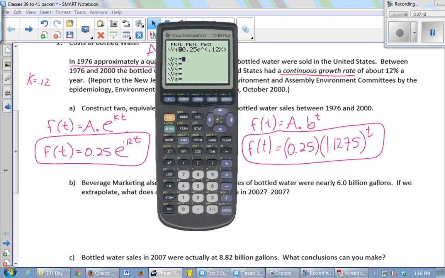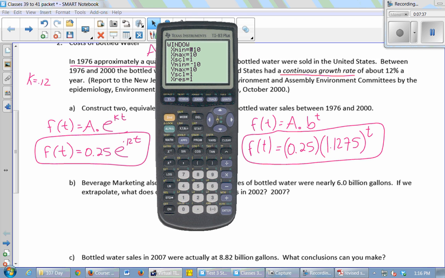And then in y2, I'm going to put 0.25 times 1.1275 to the x. And I'm going to have y2 graph in bold just so you can see the difference between the two.